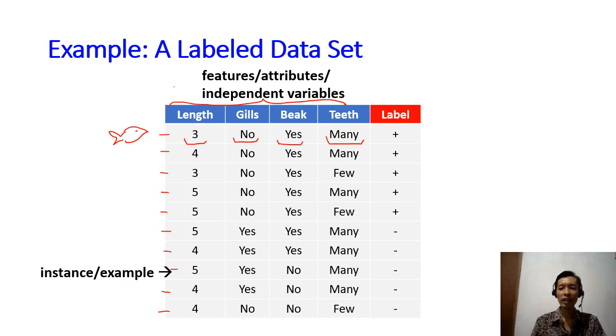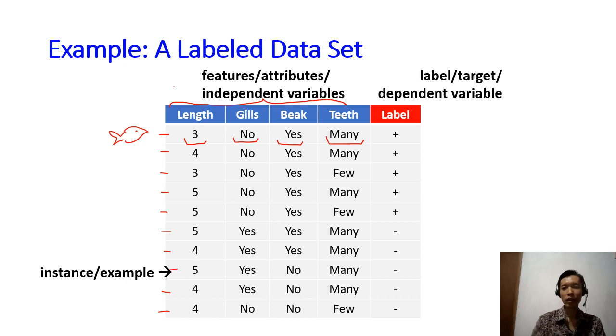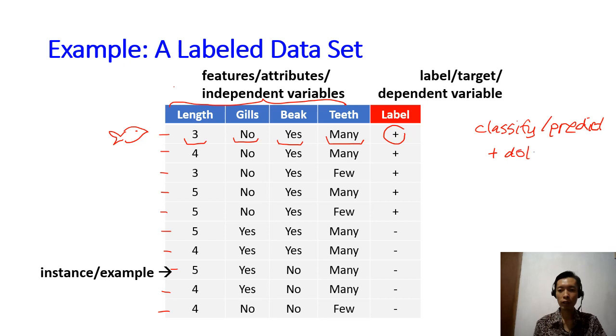Now the last column is the one that we call the label or the target or the dependent variable. Here, it depends on the purpose of what we're going to do with the data mining. Suppose the purpose is we would like to classify or predict whether a fish is a dolphin or not a dolphin.